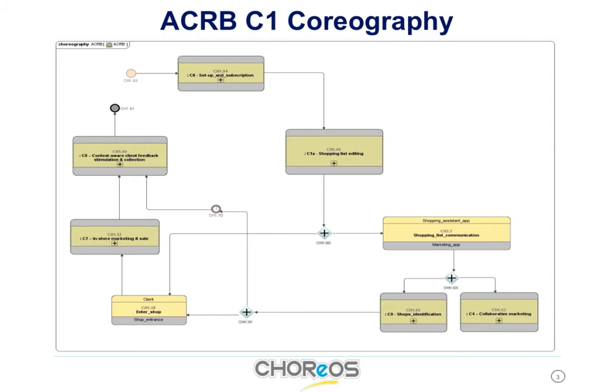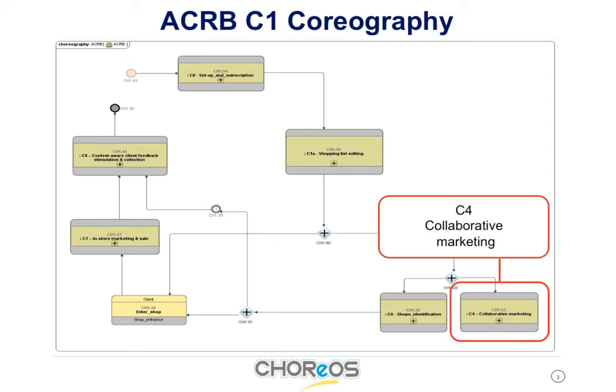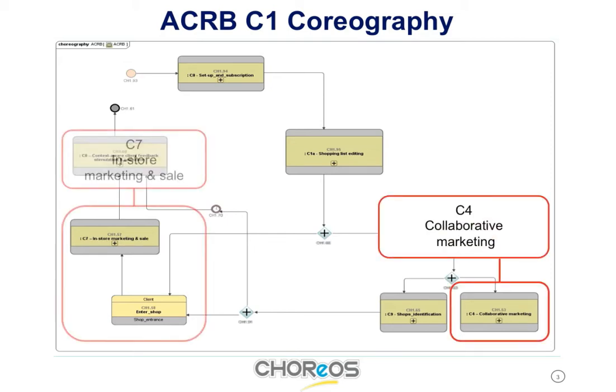If we take a look at the main ACRB choreography, we can identify C4 scenario, collaborative marketing, and C7 scenario, in-store marketing and sale.